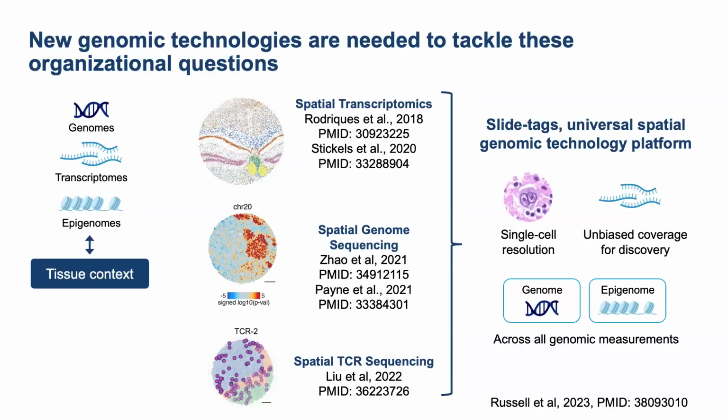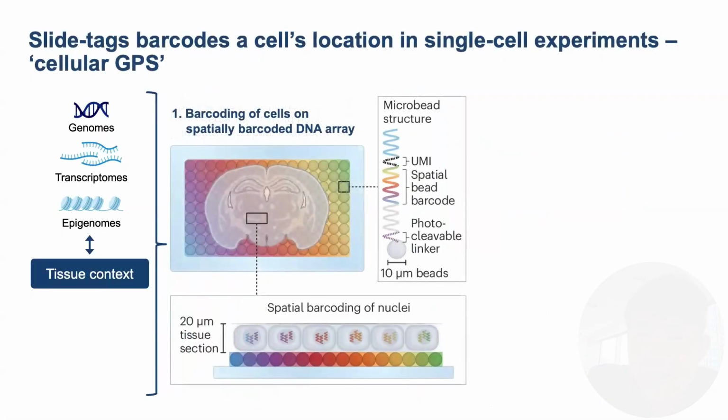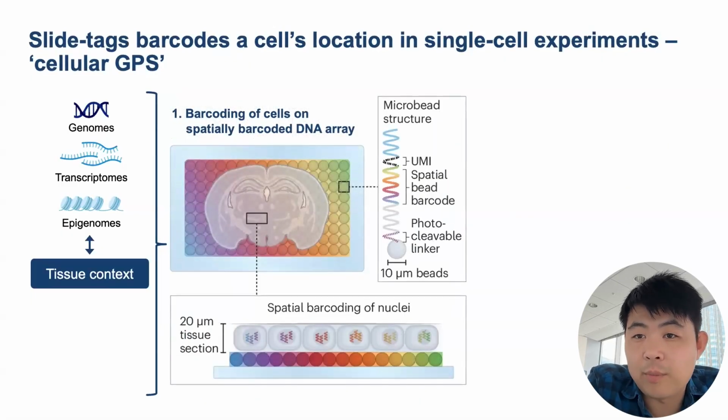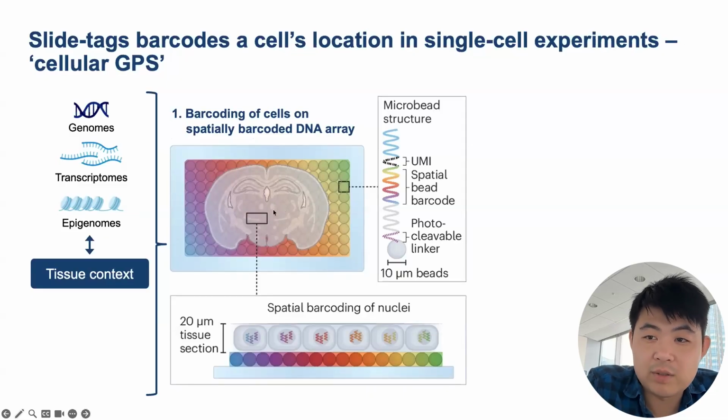And I'll just quickly explain how that works. The concept behind Slide-tags is pretty straightforward. You can perform your single-cell sequencing and know where your cells came from in the tissue. To achieve this, tissues are placed on an array of barcoded beads, each with a unique DNA sequence marking its XY location. These barcodes diffuse into the cells and attach into their nuclei.